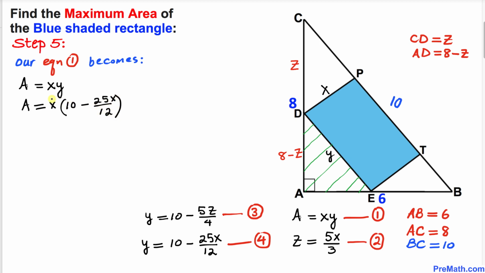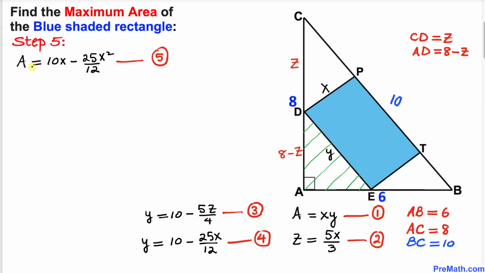And now let's distribute this one. So area is going to be 10x minus 25. x times x is going to become x squared divided by 12. Now let me call this equation number 5. And here I have put down this equation 5, as you can see.